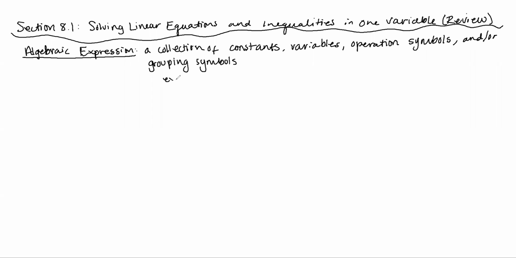So a couple of examples here, something like 8x plus 9, or y minus 4, or a mix of variables like x cubed, y cubed over z. So here we have some constants, like 9 here is a constant. Variables, x is our variable in this first expression.